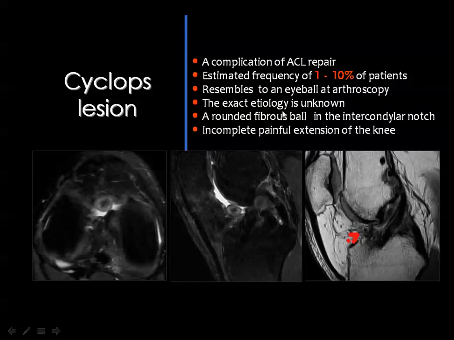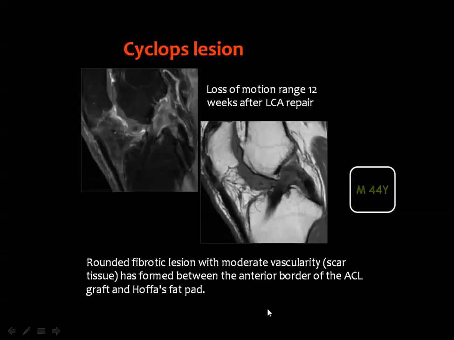The exact etiology is unknown, but it is usually present here in the anterior part of the intercondylar notch, and this will hinder, of course, the movement of the joint, and you can appreciate the cyclops in this STIR image and also in the axial image. There are some series for this cyclops lesion, and this is also an example. This is the ACL graft, and this is the site of cyclops by T1 and by STIR images.